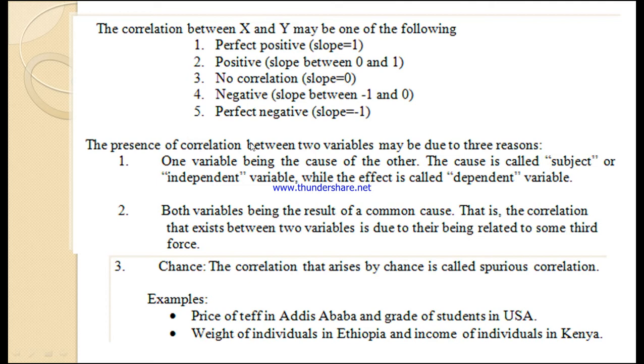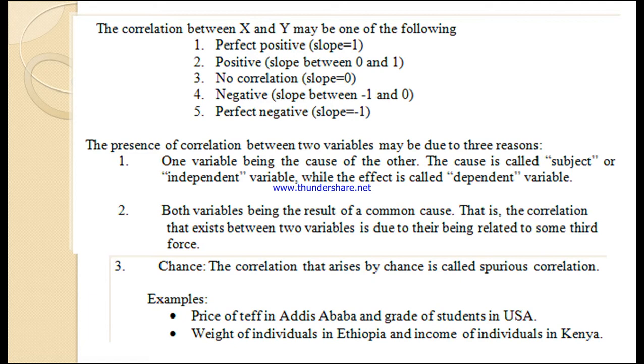The existence of correlation between two variables may be because of three reasons. The first reason is one variable being the cause of the other, which means that if one variable causes an effect on the other variable, there will be a correlation between these two variables.